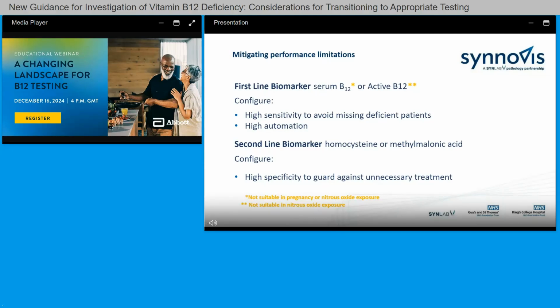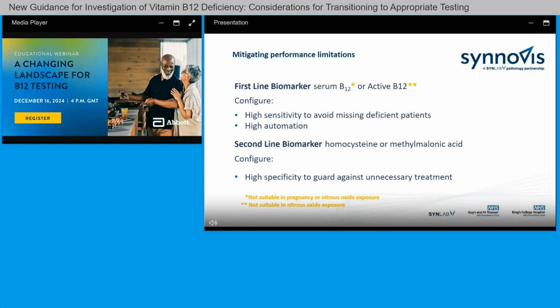You then assign an indeterminate range, and for that range you perform a second-line biomarker. In the example I'm giving you here and in the NICE guidance, they suggest that you use a functional biomarker, homocysteine or MMA, as the second-line test. The intention there is to have a high degree of specificity so that you guard against giving unnecessary treatment to patients who are actually B12 replete.